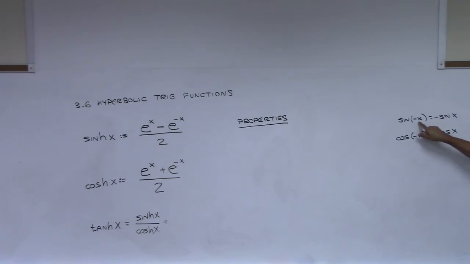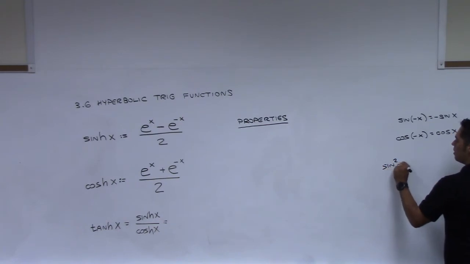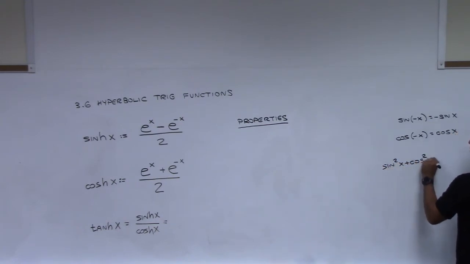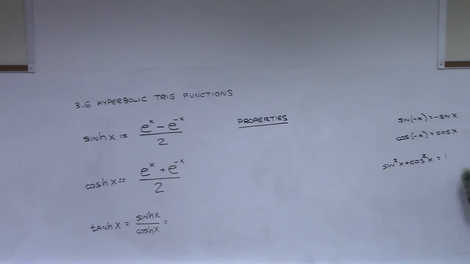Plugging in a negative value is the same as plugging in a positive value, but then changing it to negative. And with cosine, if you plug in a negative value, it's the same as plugging in a positive value. We call this the even property. Do y'all remember these from pre-cal? I mean, you remember seeing them at some point? Odd and even properties. And then we also had some other really nice formulas in pre-cal. Remember that one? Of course you remember that one.